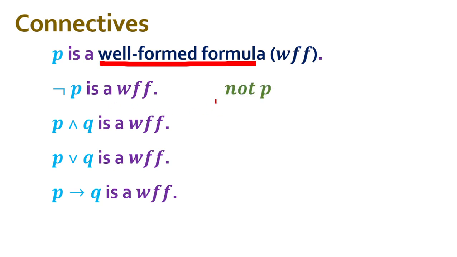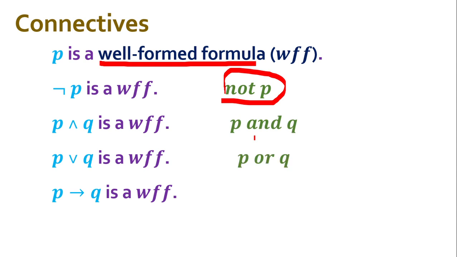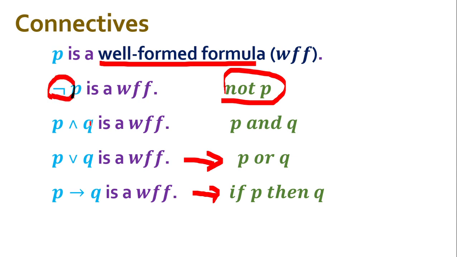Sabi niya, di ba, pag binasa mo not p. Ayan. So, the other one, p and q, p or q, and then if p, then q. So, yun yung ibig sabihin nitong mga to, ha? Huwag nyo kakalimutan. Pag nakita mo to, not. Pag ito ay and, pag iyan ay or, and this one, if p, then q. Parang gano'n. So, yan yung mga tatandaan natin. Kasi ito yung mga connectives, di ba?